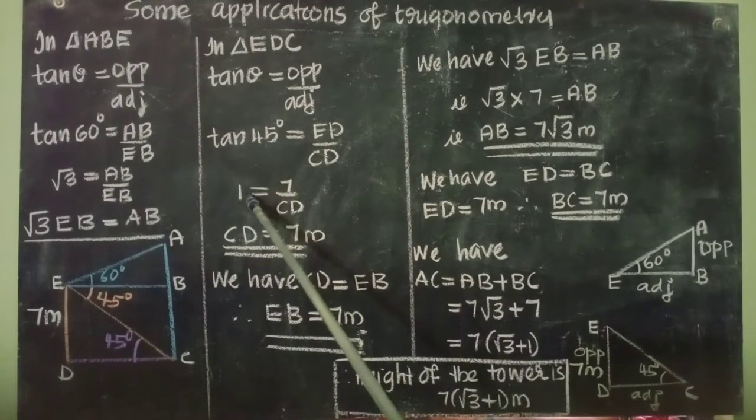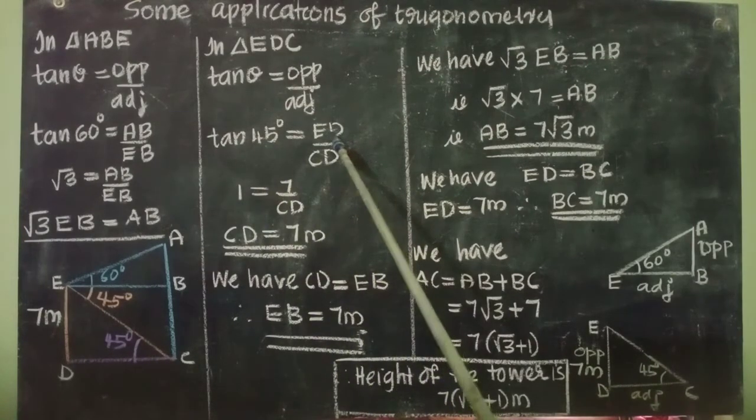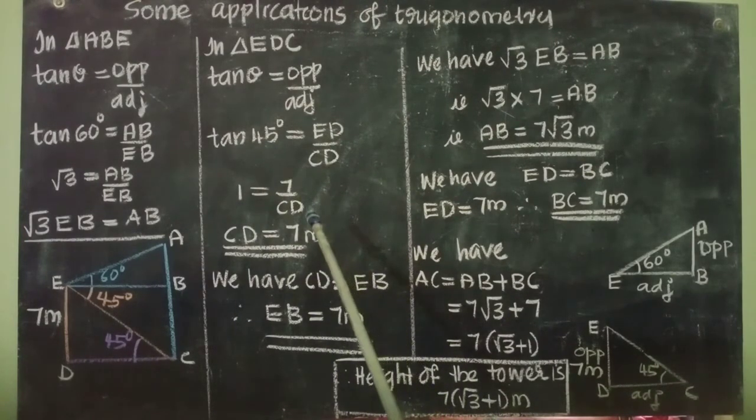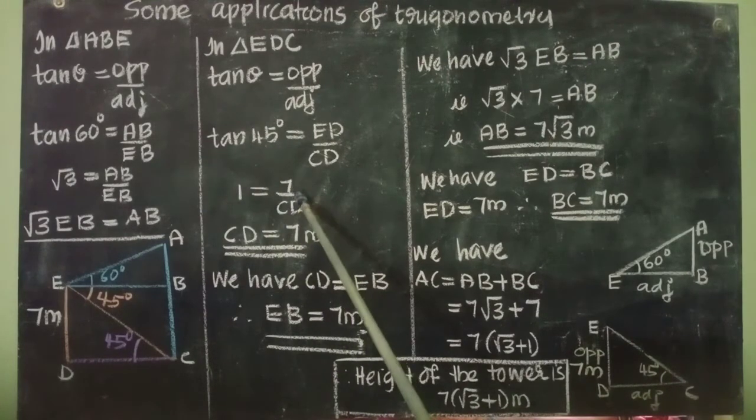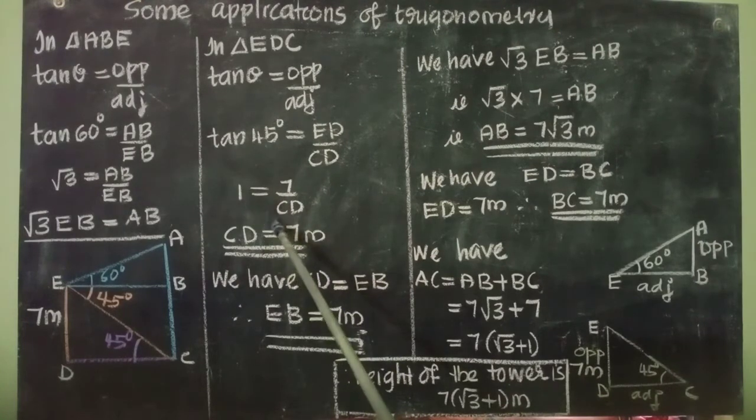We know tan 45 is 1. The measurement of ED is 7. So, we get 1 equal to 7 by CD. Cross multiplying, we get CD equal to 7 meter.